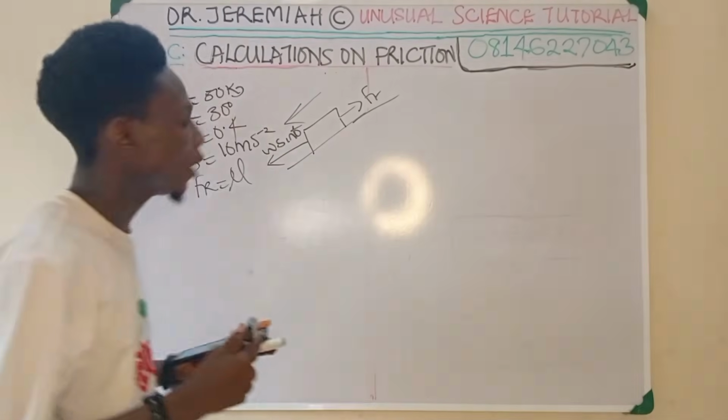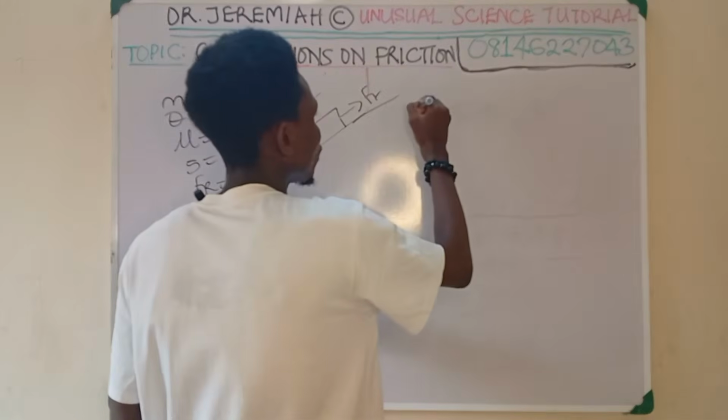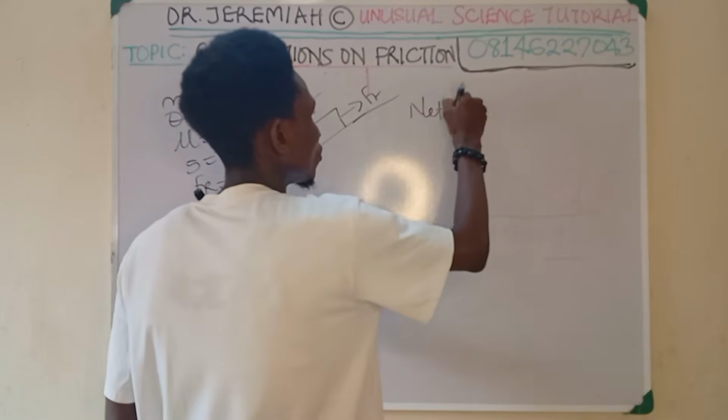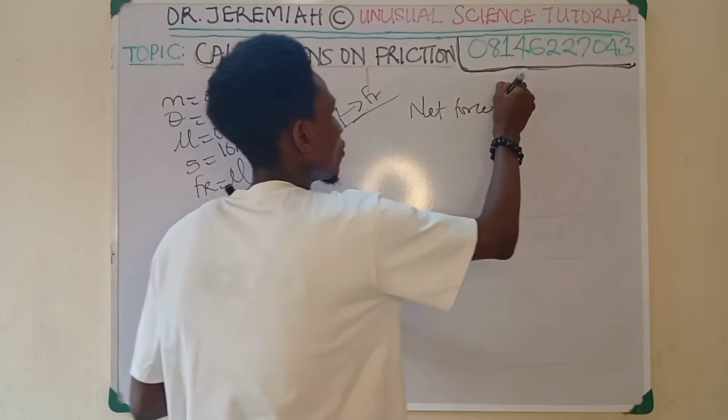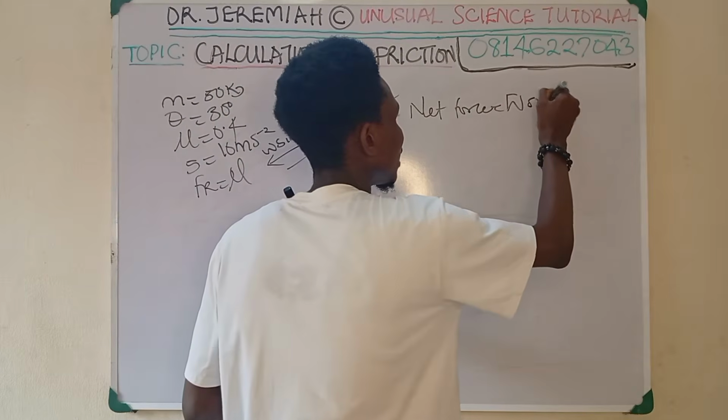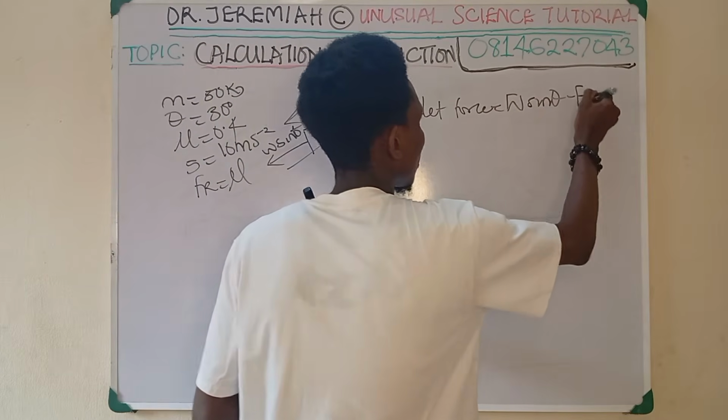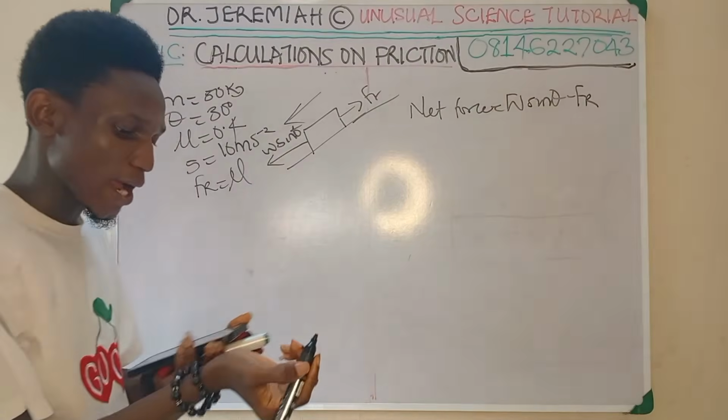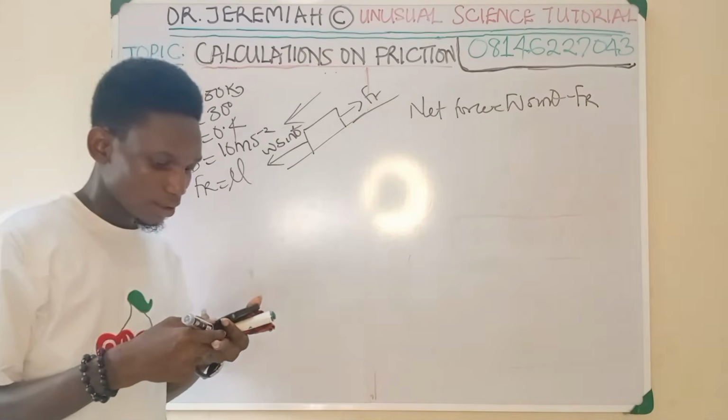So from our formulas, the net force equals W sine theta minus FR. The body slides down the inclined plane.